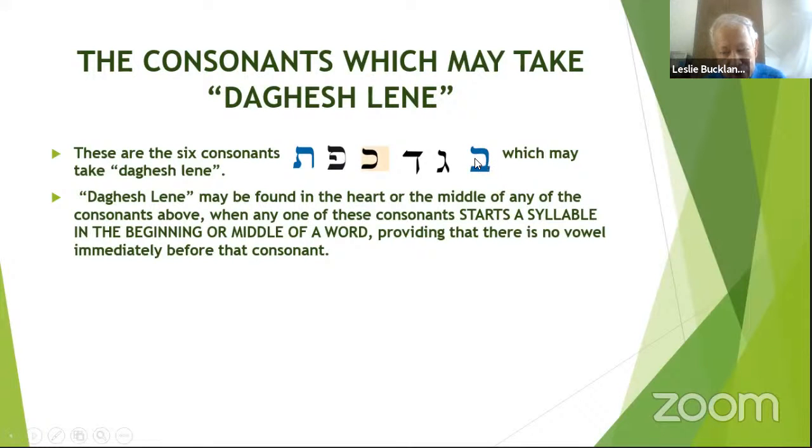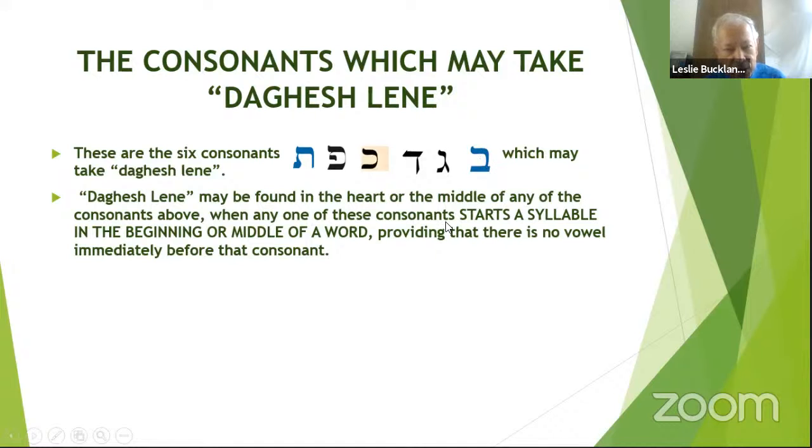So once there is a vowel, any vowel at all, before these consonants that could take the Dagesh Lenny, whether it is a short vowel or a long vowel, Dagesh Lenny is going to run away. It is going to flee. It's not going to stay there.